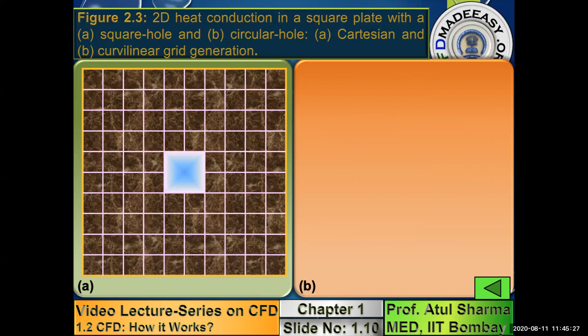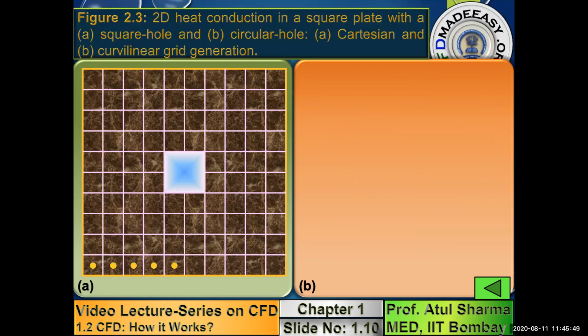If you have a circular plate with a circular hole, note that the grid generation involves concentric circles rather than horizontal and vertical lines. Basically, in that case we draw lines of constant radius to obtain the various concentric circles for subdivision.